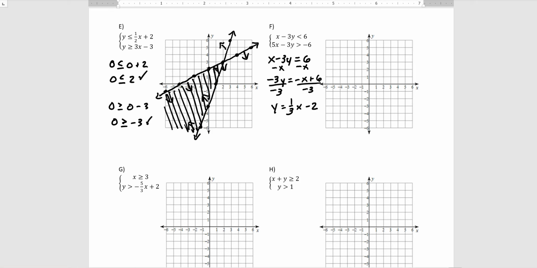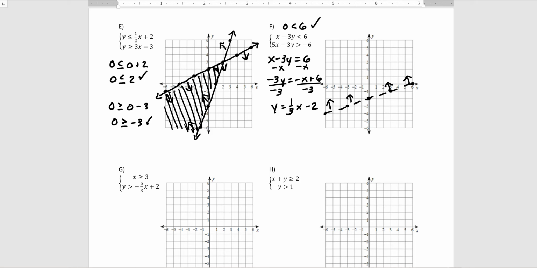Positive divided by a negative gives me that negative. Minus 2 is right here, so up 1, right 3, down 1, left 3. Solid or dash for this one? Dash, since it's strictly less than. And then when I plug in 0, 0, I get 0 is less than 6, which is true. So this will shade toward 0, 0.